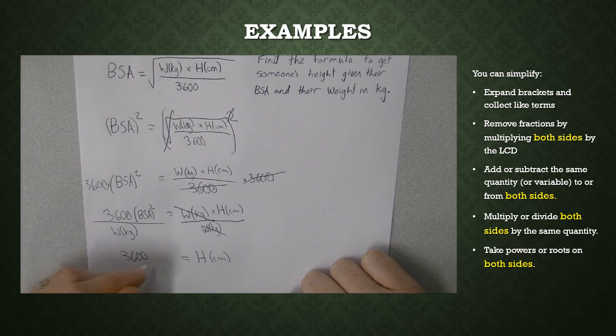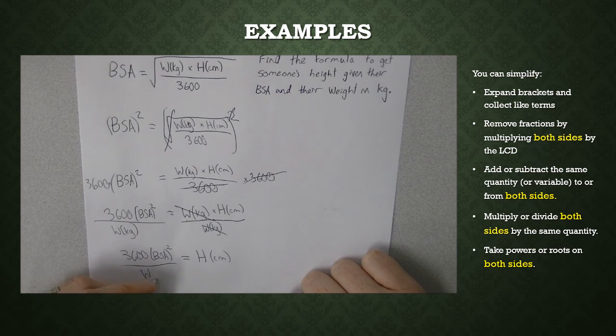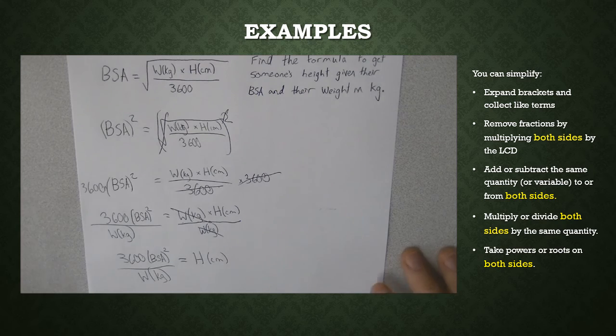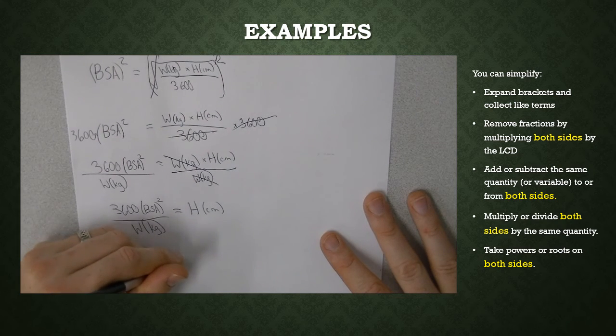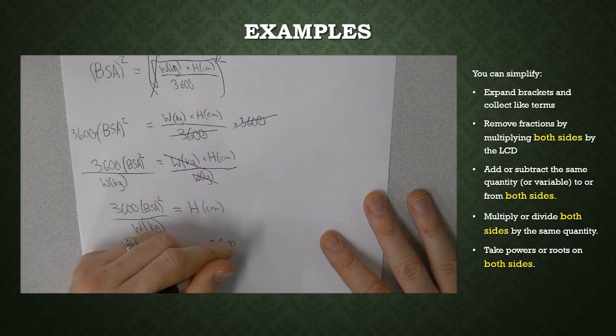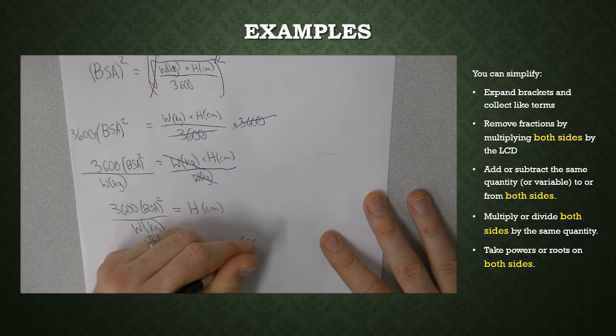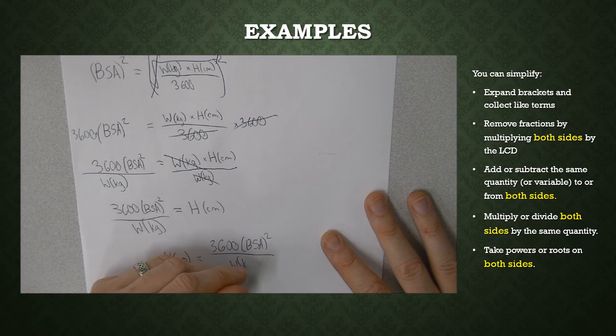And so what I have is H in centimeters on this side, and 3,600 times BSA quantity squared all over W in kilograms. All right, and we could rearrange this equation. Just flip the equation so that we have H is equal to 3,600 times BSA squared over W in kilograms.